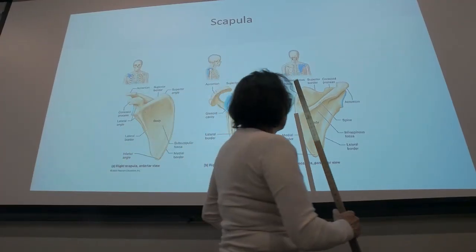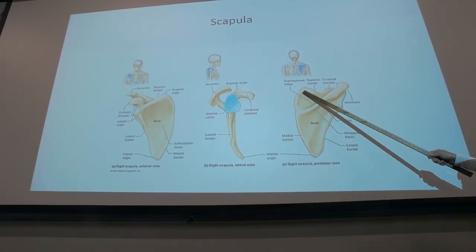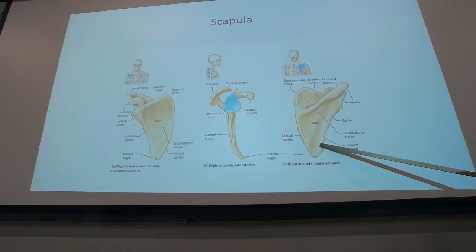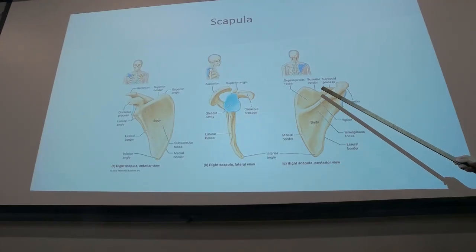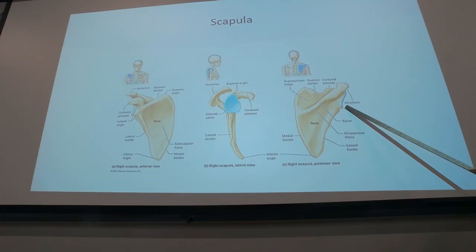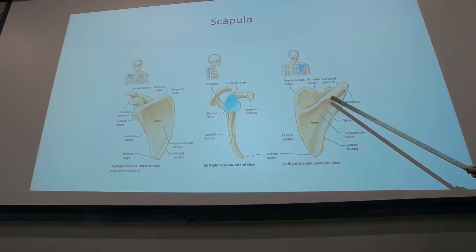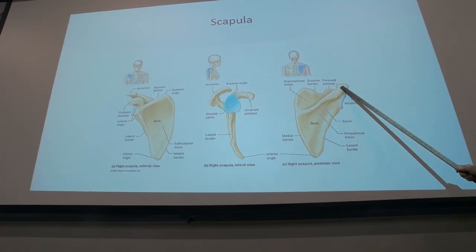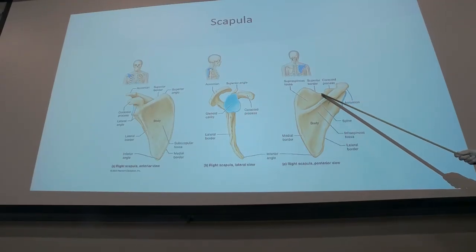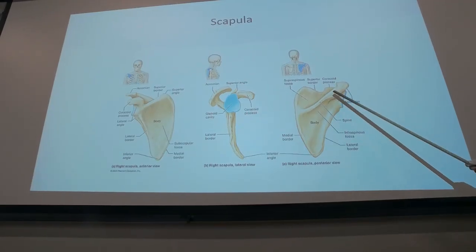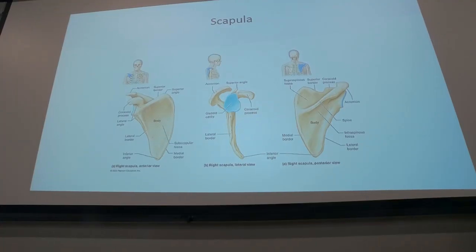What you can see in this posterior view: medial border, lateral border, inferior angle, superior angle, lateral angle, the glenoid cavity, the spine going up in an angle, the acromion, the suprascapular notch, supraspinous fossa, infraspinous fossa. Questions?